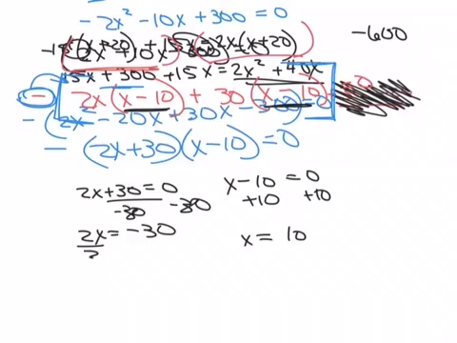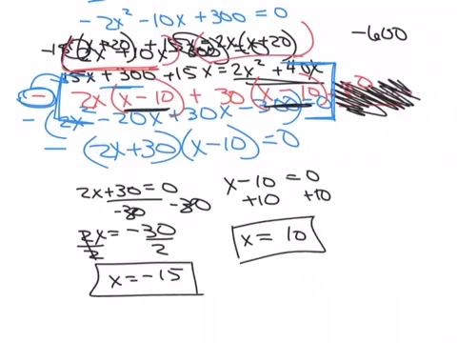Trying to hurry here, I smell coffee. Divide, x equals negative 15. So I get x equals negative 15 and x equals 10. Okay? And it really doesn't matter that there's a negative there because we're trying to get one of these equal to 0. And since 0 is neither negative or positive, it isn't going to make any difference there.